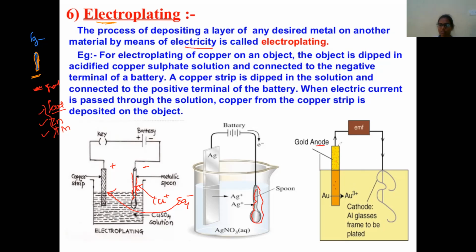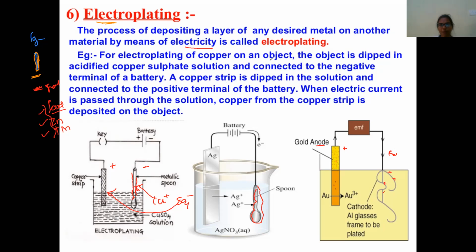Anode means it is connected to the positive terminal. All these positive ions will come and be deposited on the negative terminal. So after removing from the solution, the metal looks like gold. That means a gold layer is deposited on it. Clear, children? What is anode, cathode, anion, cation? Try to understand everything.